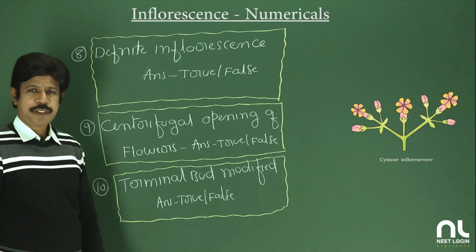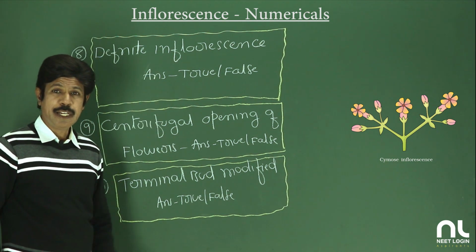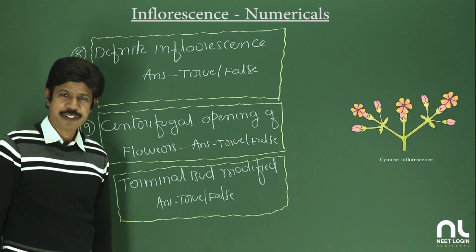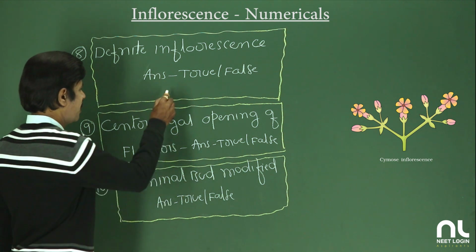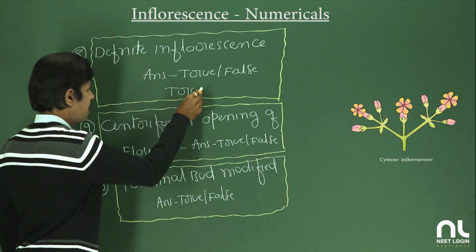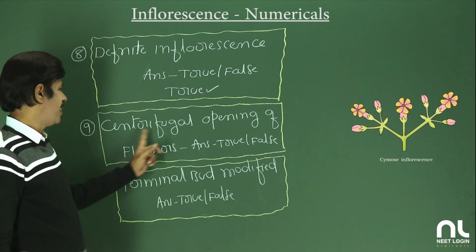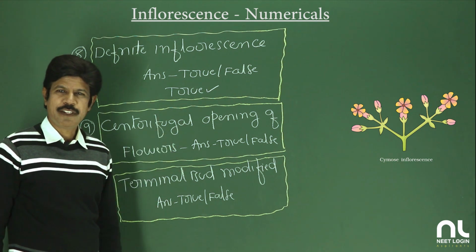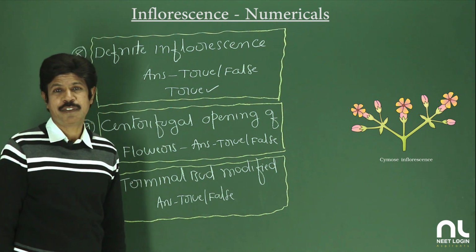to 4. With regard to this eighth question, definite inflorescence. Limited number of flowers are present, so it is a definite inflorescence, dichasial cyme. So it is true. Centrifugal opening of flowers. In case of racemose, centripetal opening of flowers.